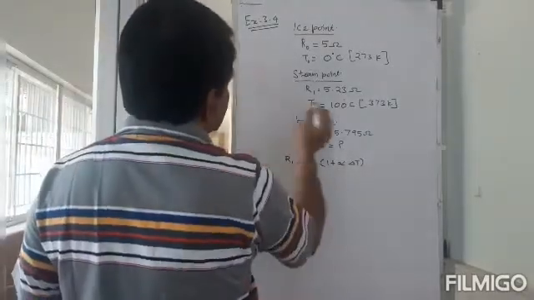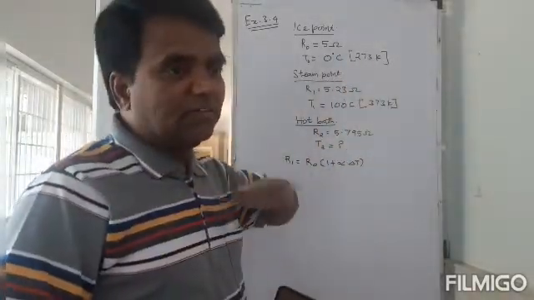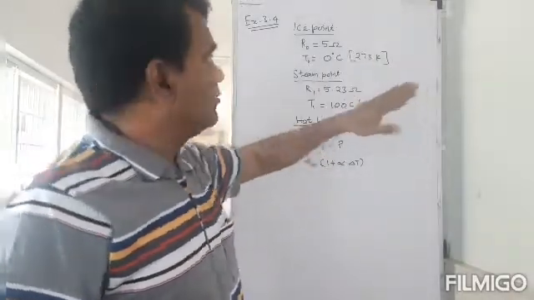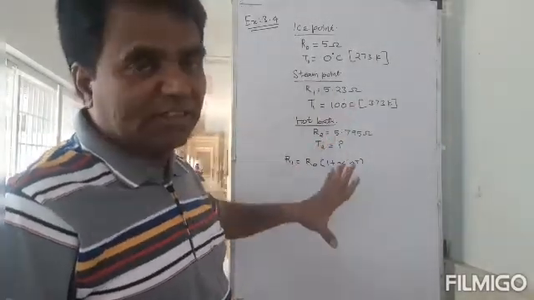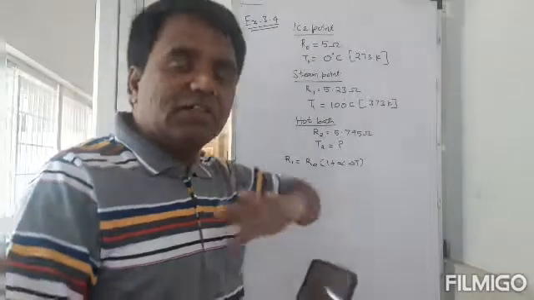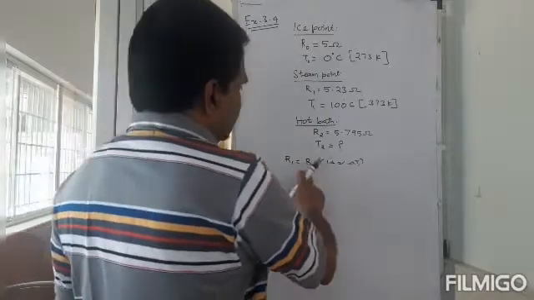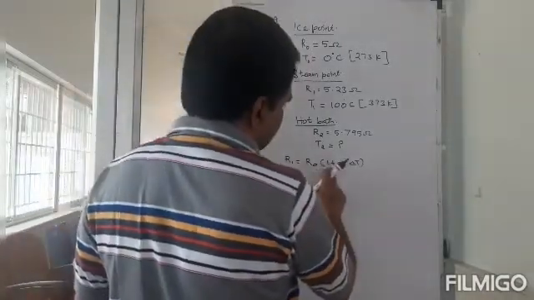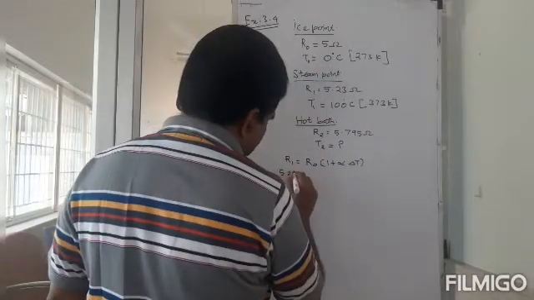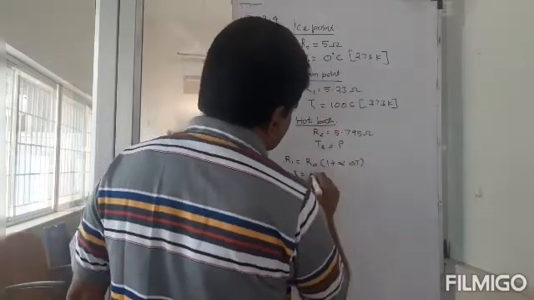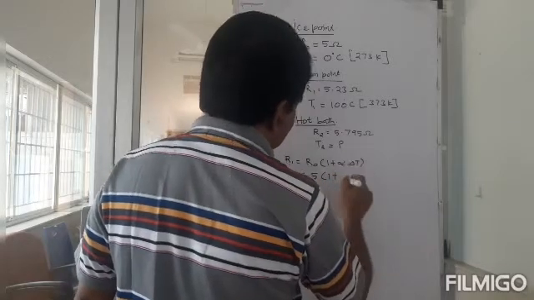So you have a linear relationship. Alpha is the same, so you have a constant, and a linear relationship between R1, R2 and R0. So it doesn't matter which one you take as R0. Any resistance can be taken as R0 and the rest could be worked out. So I'm just going to take this as R0. R1 is equal to R0 into 1 plus alpha delta T. R1 is 5.23 ohms, equal to R0, which is 5 ohms, into 1 plus alpha, which I don't know right now.